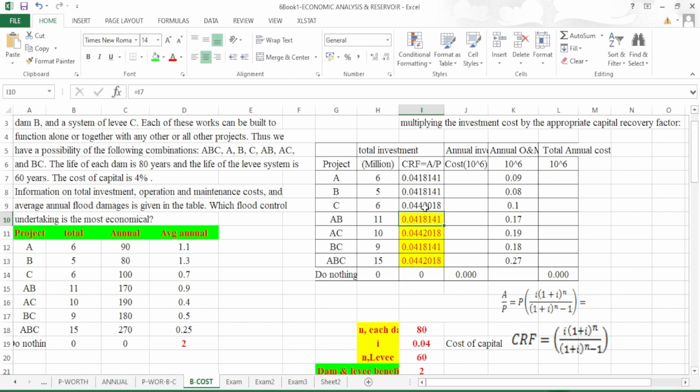Then the capital recovery factor for project C is 0.044218.